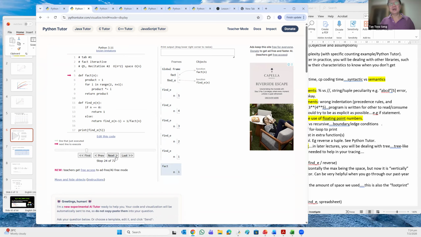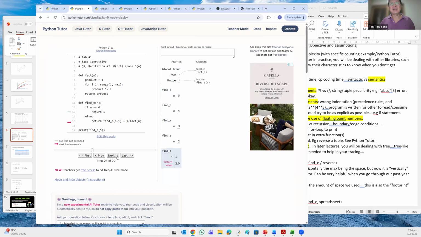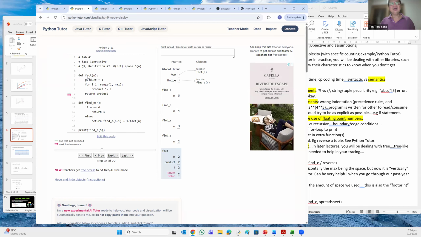Now you go to the factorial. Actually, this guy also stacks up, so there are 2 places where you are using space. On the other hand, this factorial is actually iterative, so the space is O of 1, constant.